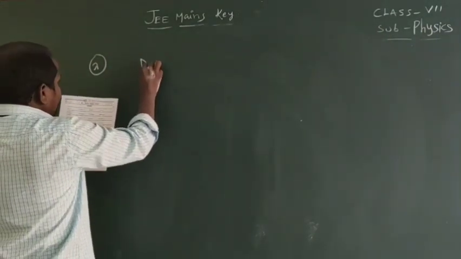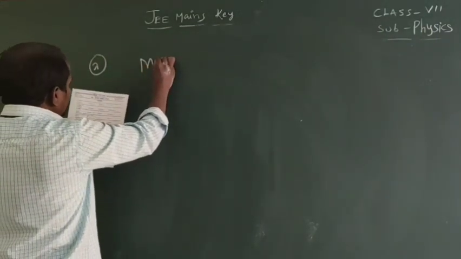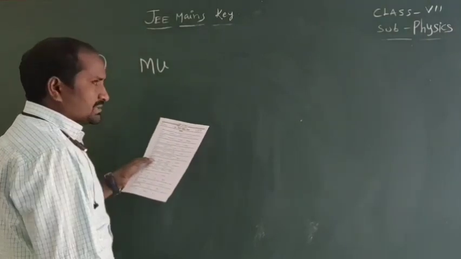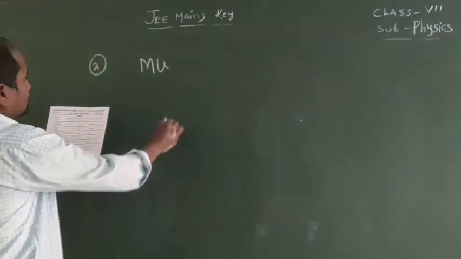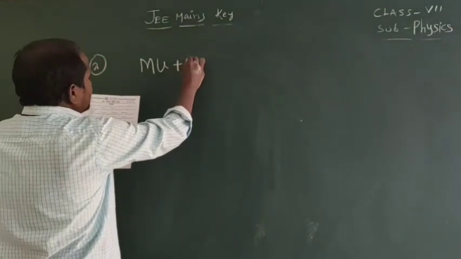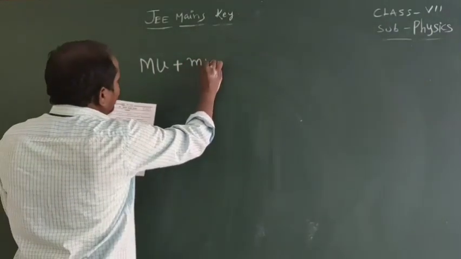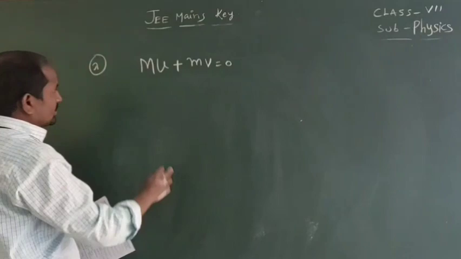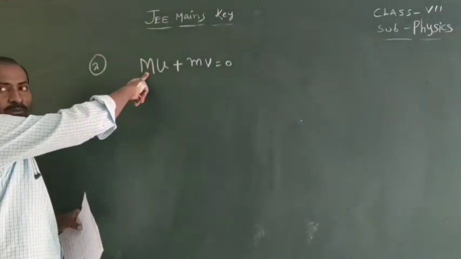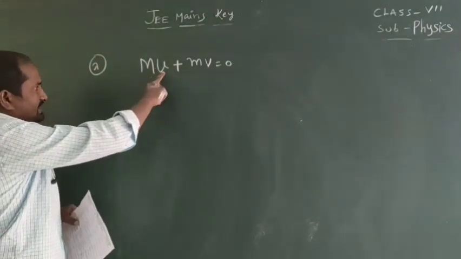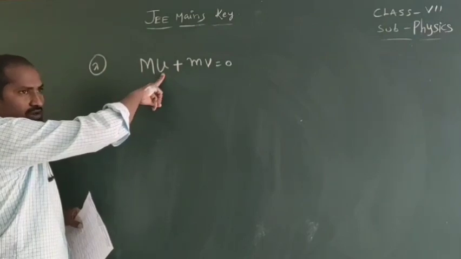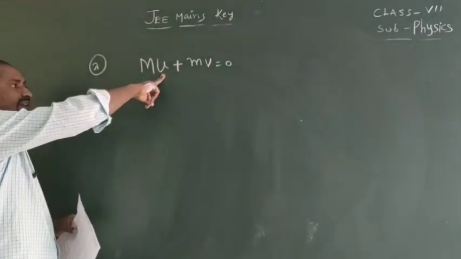So here, mass of the gun into recoil velocity of the gun, plus mass of the bullet into velocity of the bullet, equal to 0. Here capital M equals mass of the gun, u equals velocity of the gun, that is nothing but the recoil velocity.